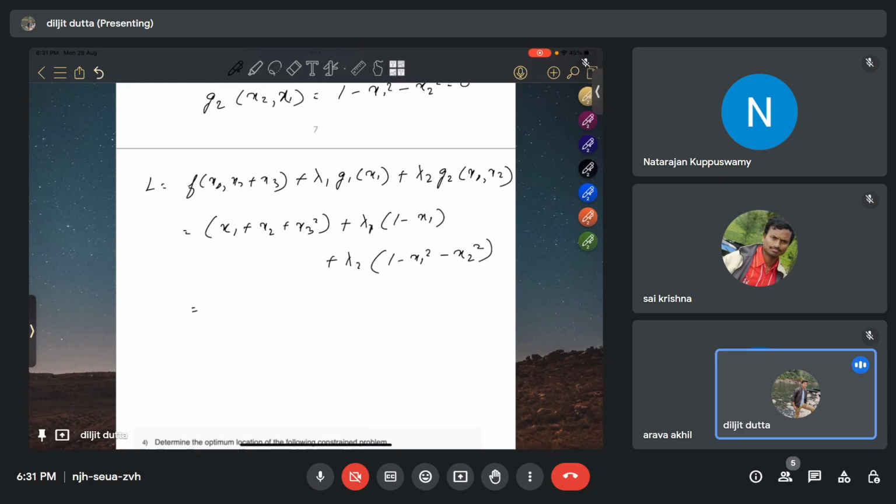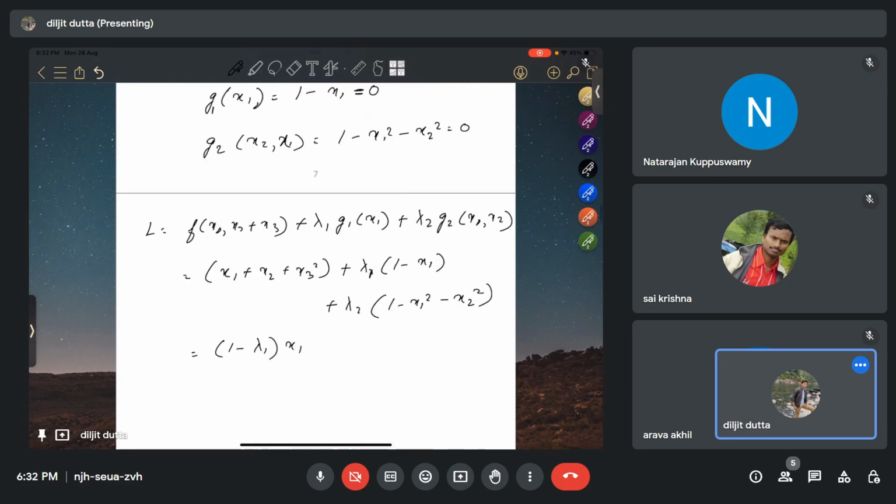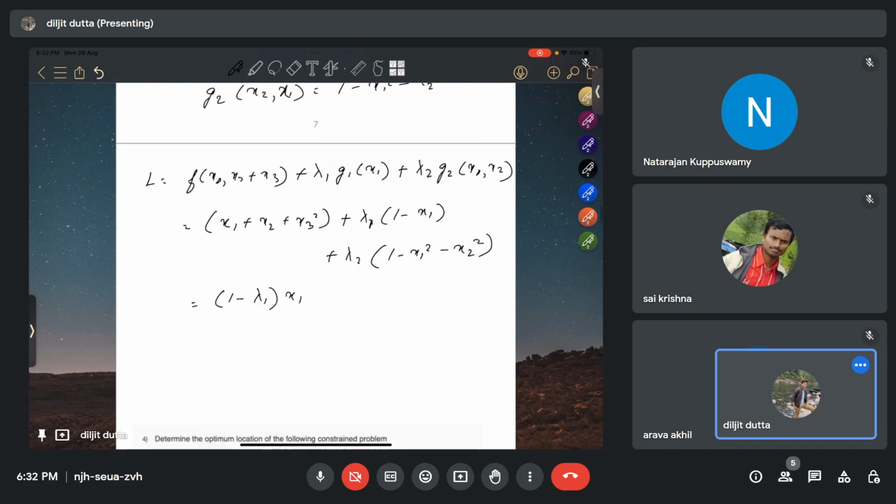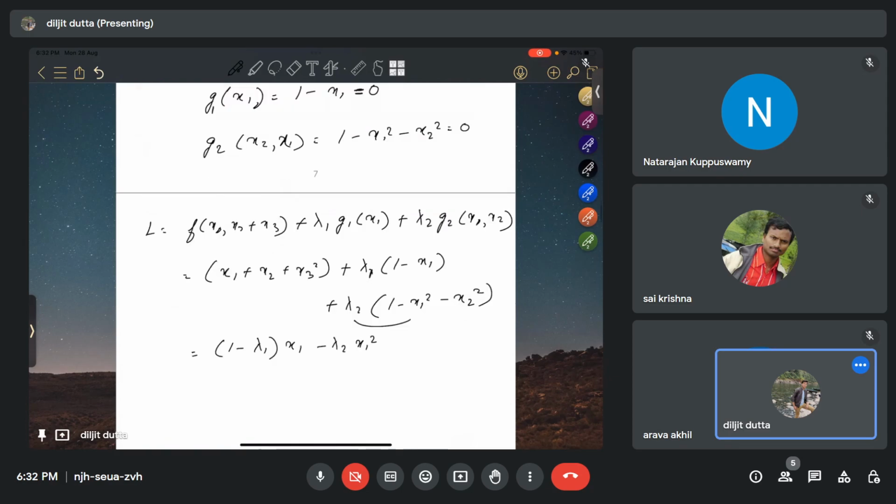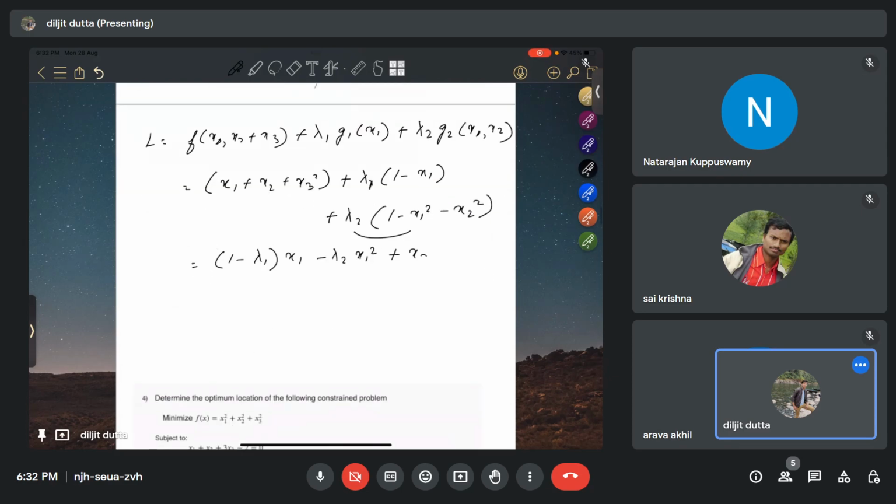So we can take x1 common from here. So it will be 1 minus lambda 1 into x1. I don't think we'll take any other common. Then it is 2 minus lambda 2 into x1 square plus x2 minus lambda 2 into x2 square plus x3 square plus lambda 1 plus lambda 2.